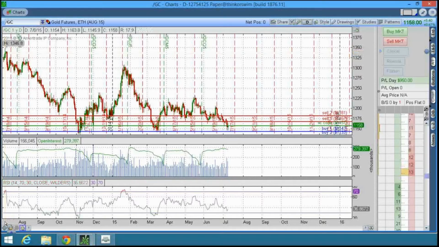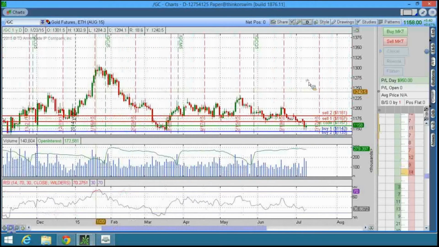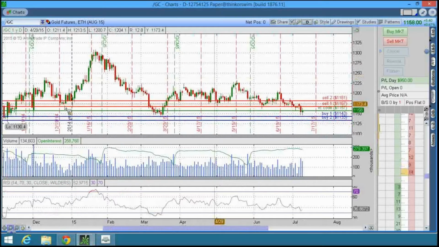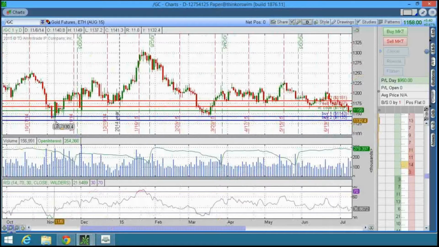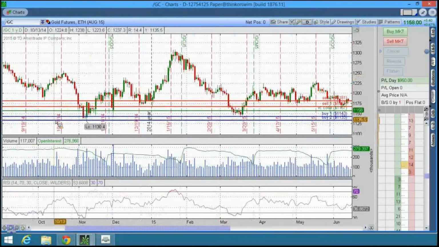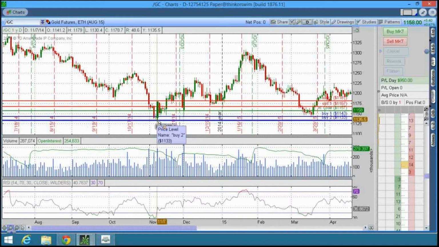What looks to be the case here, if we take a look at the algorithms in the blue line, is that it extends pretty much across the charts all the way back to the low that was made in November of 1133, which was, I think, the beginning of this up move here.